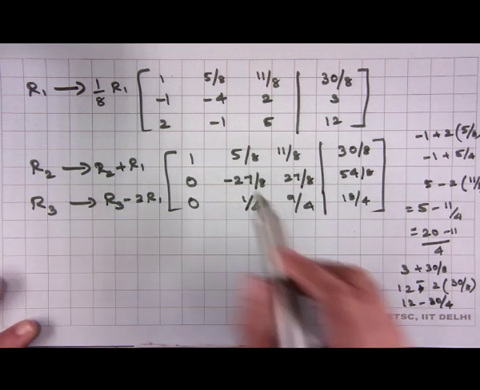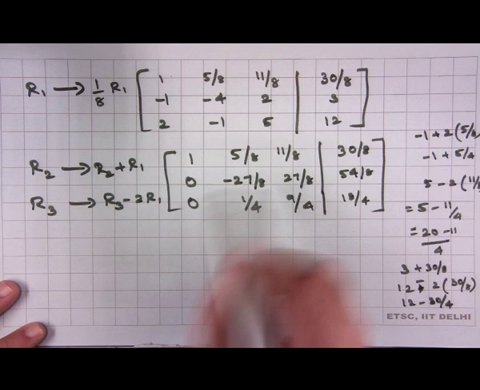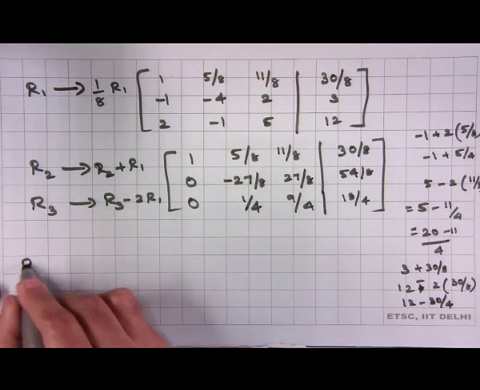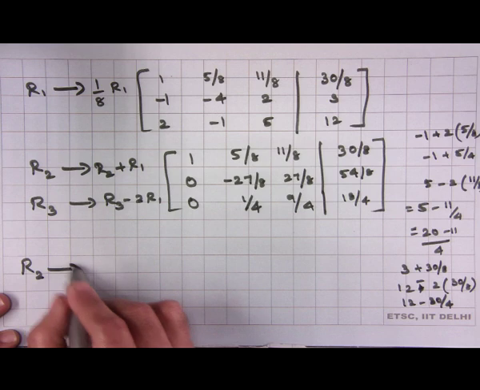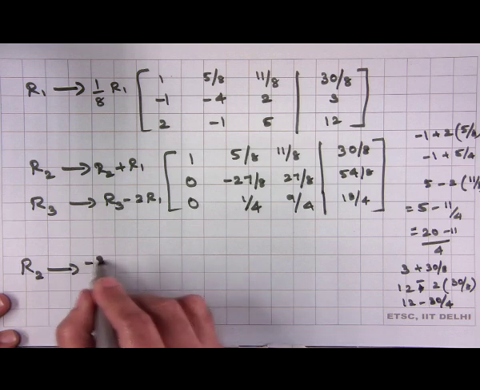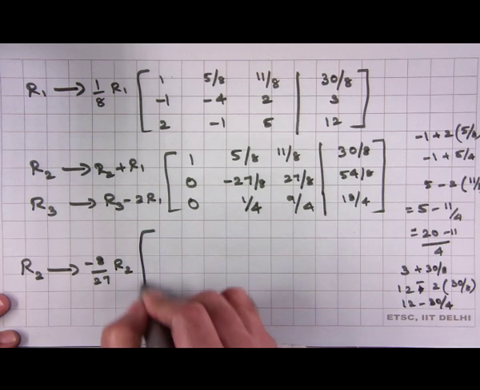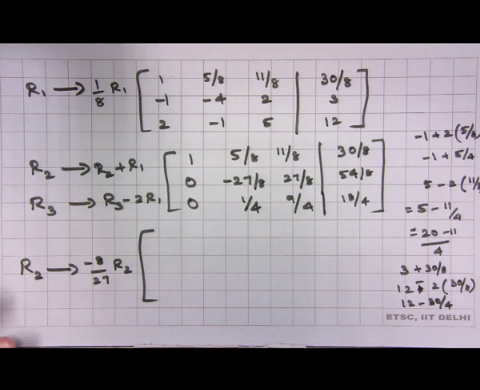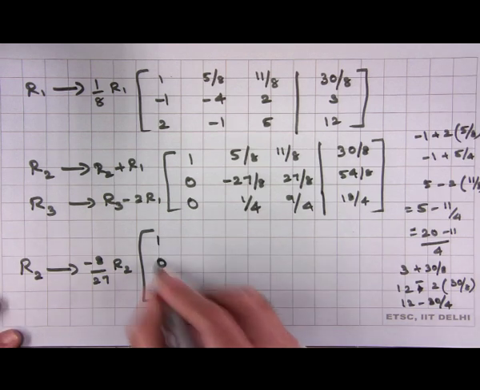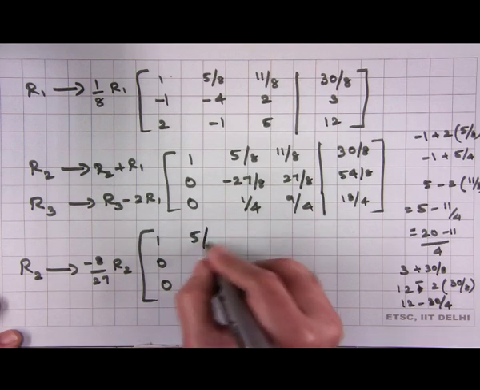Now, the next element is just 20, so this one I will have to make it into 1. Replace R2 by minus 8 by 27 times R2, 1 0 0, the other rows are untouched.